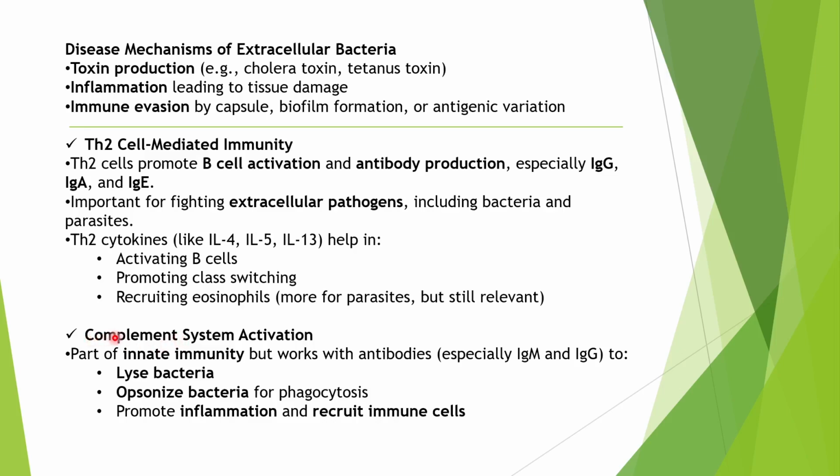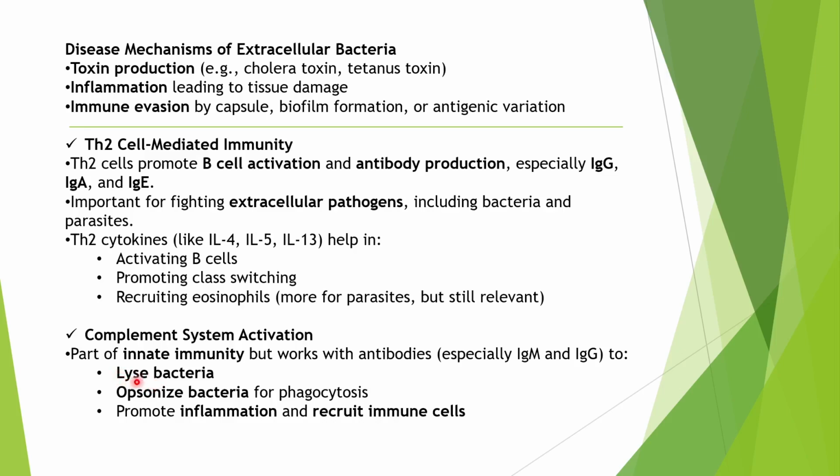Multicellular parasites. Then complement system activation is part of the innate immunity, but it works with antibodies because we need the antigen antibody complexes, especially IgM and IgG, which are the key activators of the complement system. So they finally help in formation of the MAC complex, if you remember from the previous sessions.